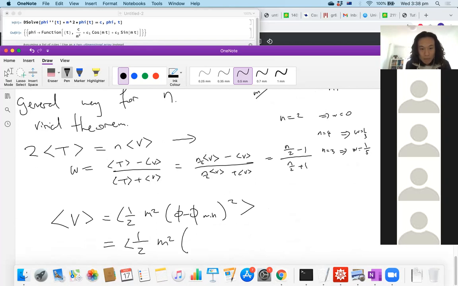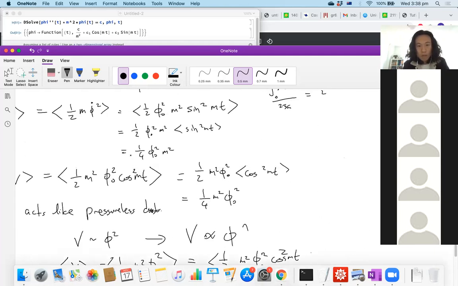Half m squared, what's phi again? I already forgot. Phi naught cos mt plus some constant m squared. And then minus, okay, I should put this constant in actually, that'll make this easier. So what was the constant again?